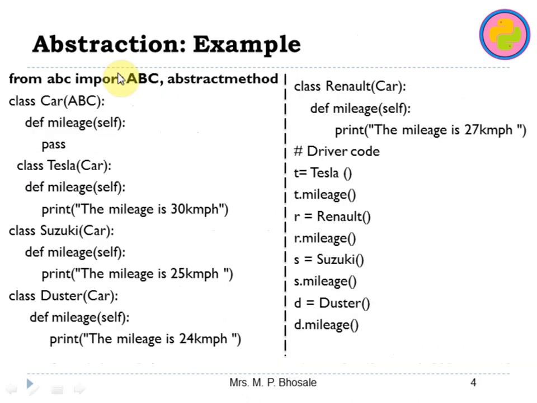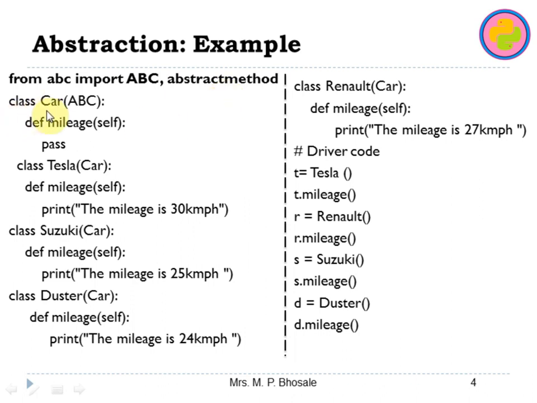So this is the example: from abc import ABC, and abstractmethod is also a component of this abc module, which is used to define abstract methods, whose implementation is not given in the abstract class, but is given in the remaining classes or the subclasses.